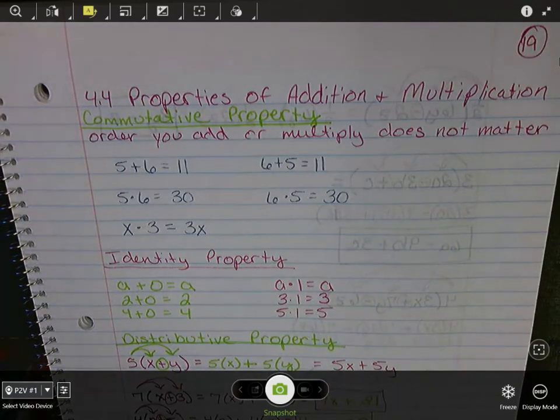I need a calculator. Can I grab my calculator? Yes, you can grab your calculator. All right, while you're working here, now would be the time if you needed to sharpen your pencil or get any of that done. You never want to do that in the middle of notes. But now would be the time to sharpen your pencil or to get lead, that type of stuff.